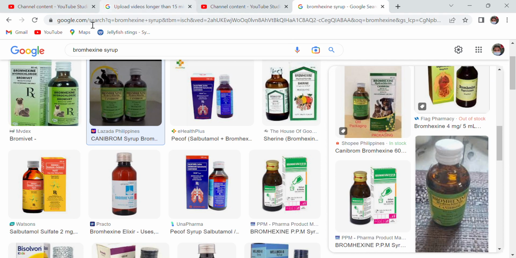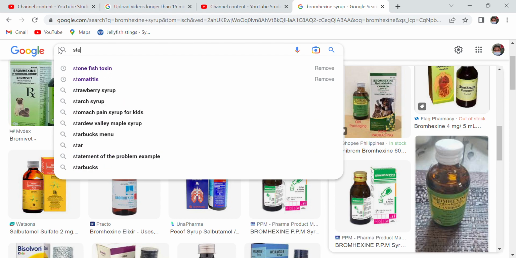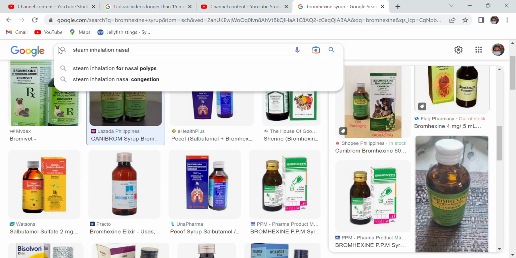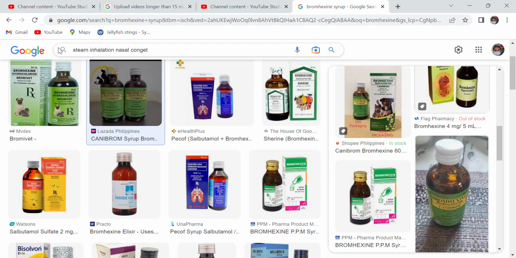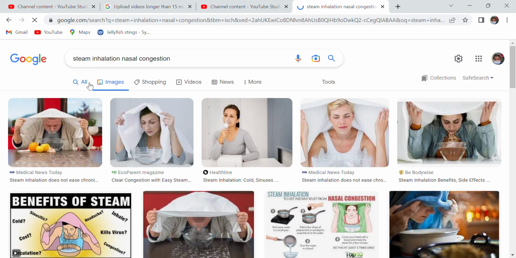Okay. Let's go back to colds. If you have really nasal congestion, you must also try steam inhalation for nasal congestion. This is a very good traditional way of relieving your nasal congestion.